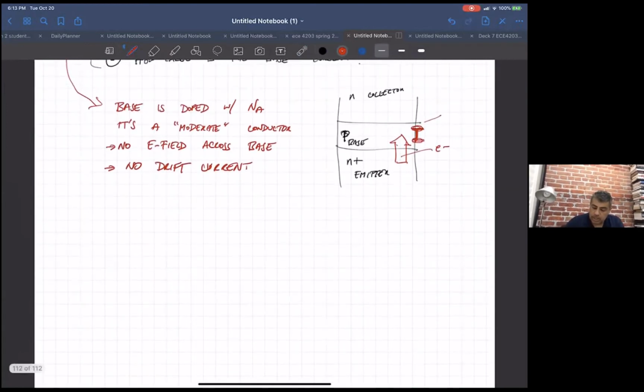And the upshot is, electrons diffuse across the base.